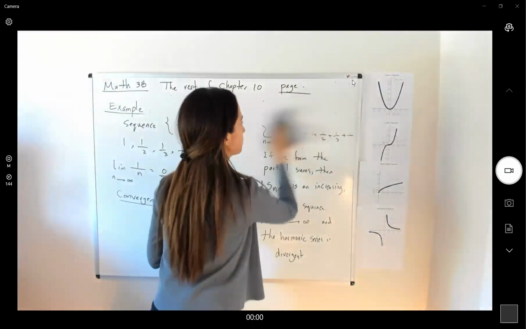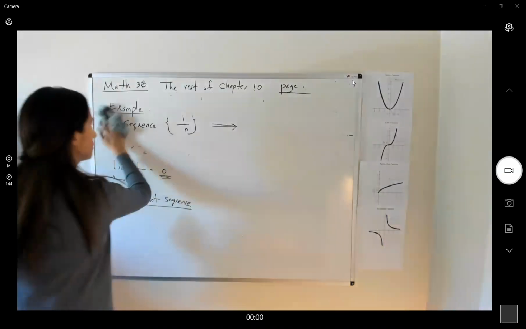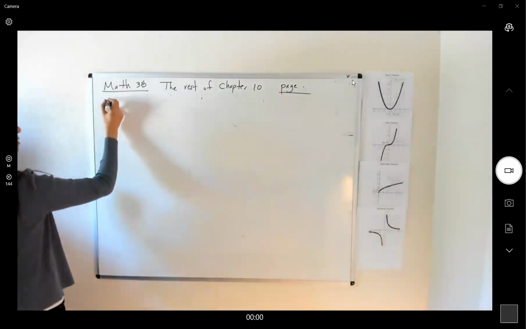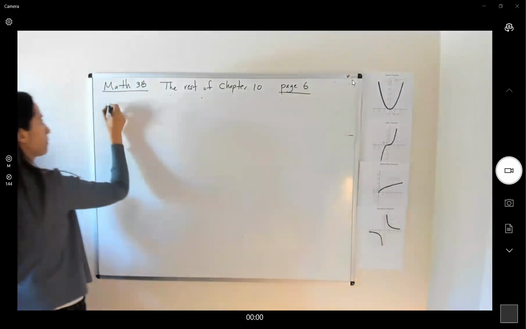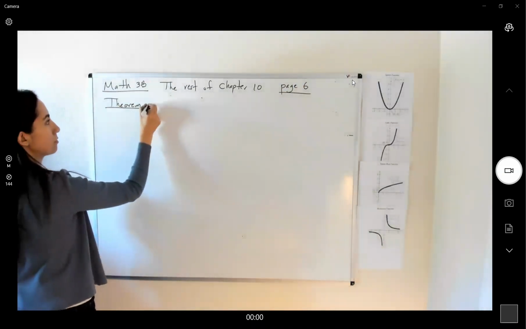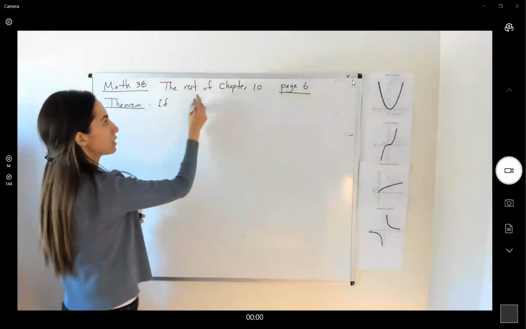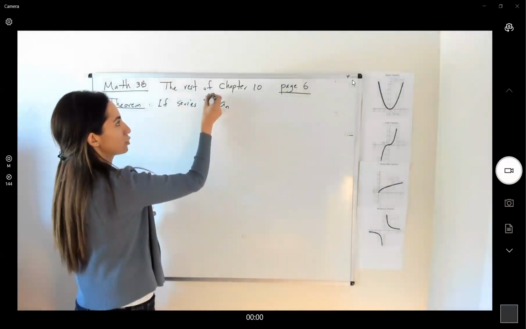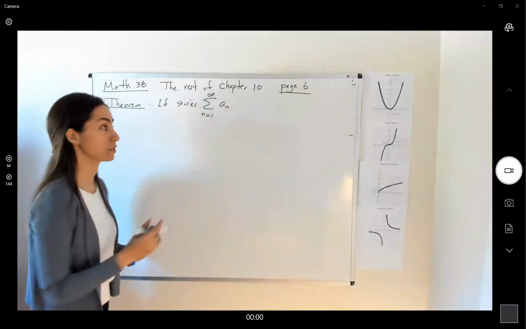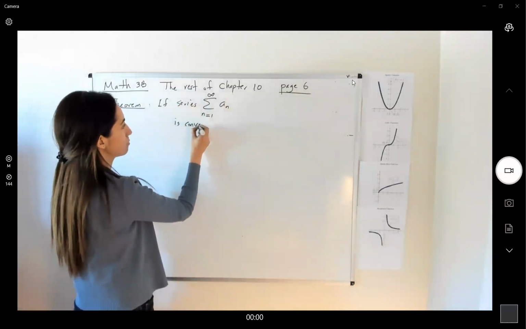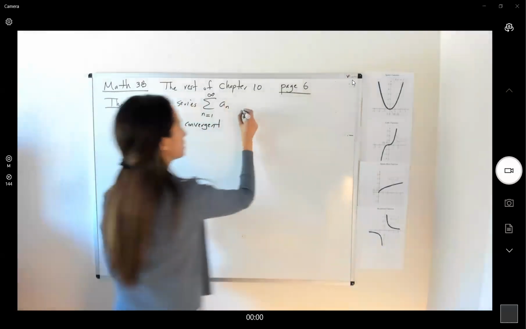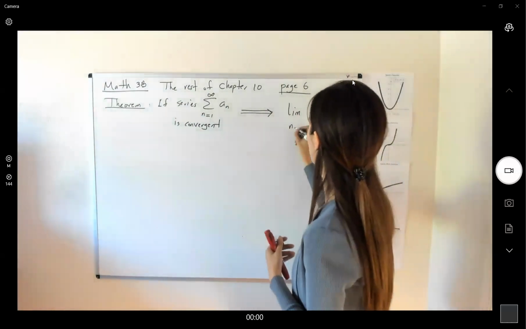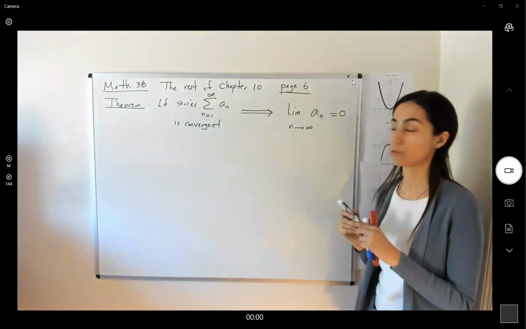One important theorem. This theorem says, if you have a series, the sum of a sub n, n starts from 1 to infinity, is convergent, then we can conclude that the limit of the general term while n goes to infinity is 0.